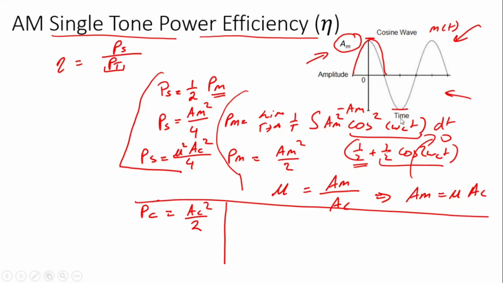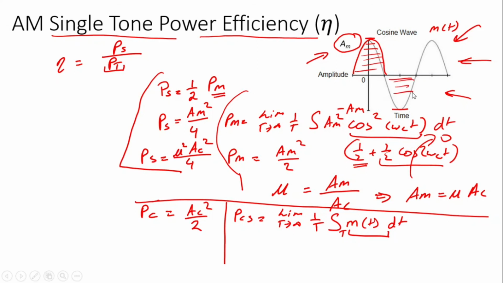Let me rewrite over here, that is we have PCS, which is limit t tends to infinity 1 by t integral of m of t dt. But note that this m of t in our present case, the upper lobe would cancel with the lower lobe, so all of this would yield a result 0. So this means that the middle term, that is PCS, which I have also mentioned as I2, would simply be 0.